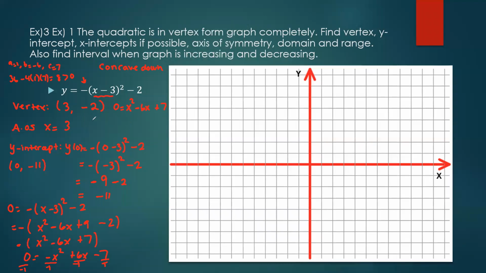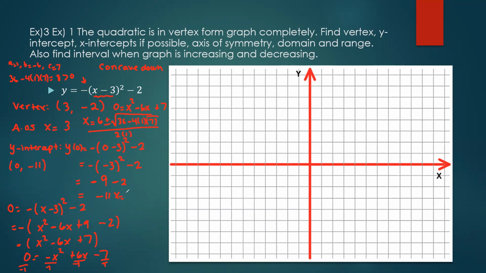So that's what I'm going to do. x is the opposite of b. If our b is negative 6, the opposite of that would be 6, plus or minus the root of b squared, which is 36, minus 4 times a, which is 1, and c is 7, all over 2 times 1.